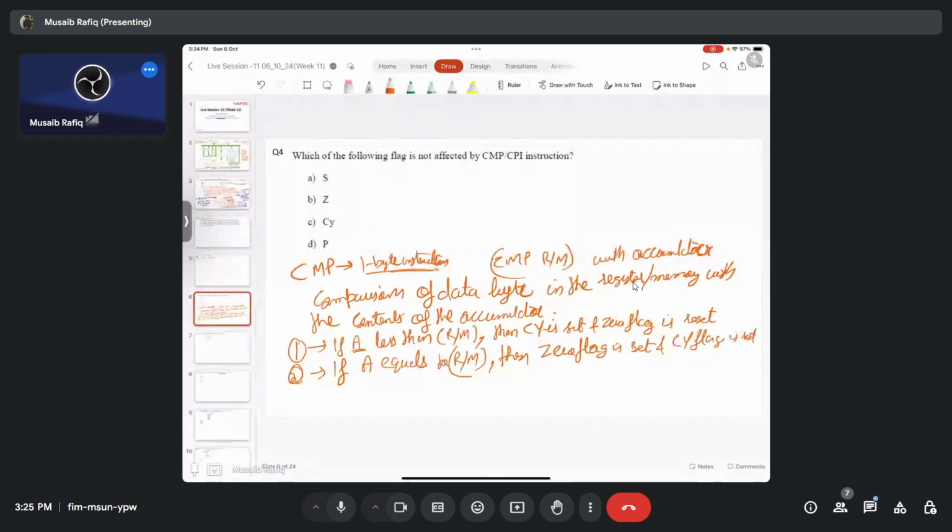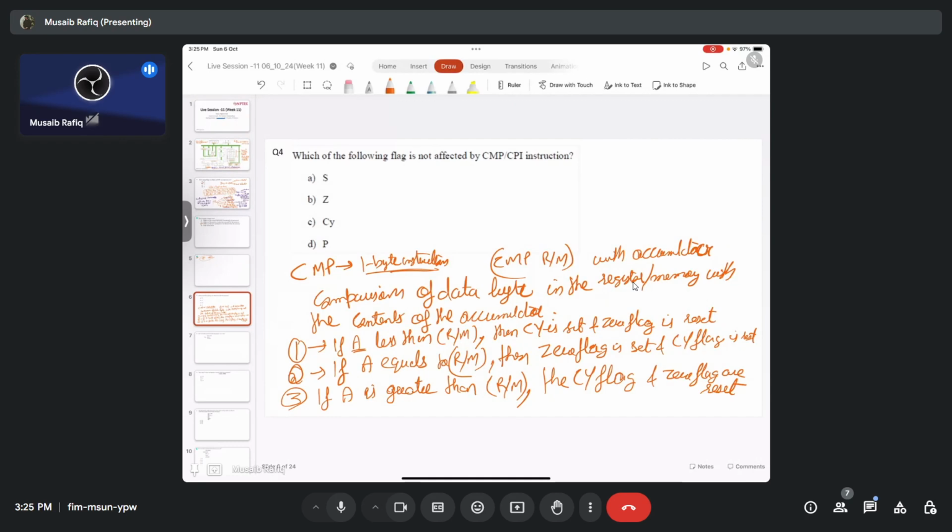Number three: if A is greater than R/M, the carry flag and the zero flag are reset. So these are the three conditions.